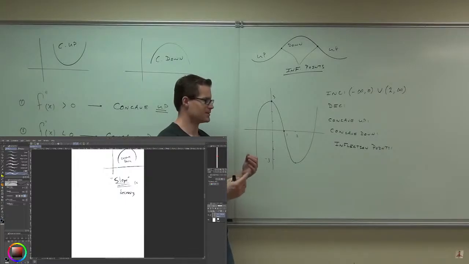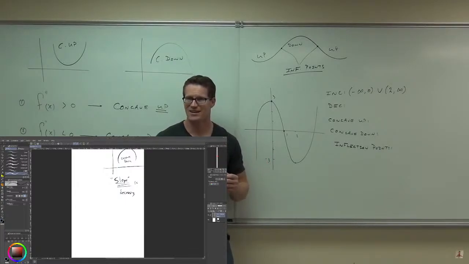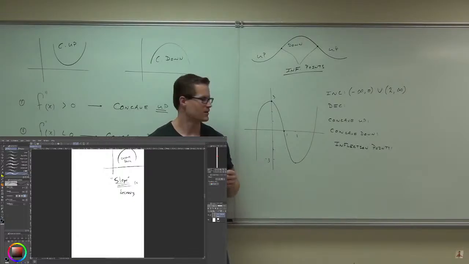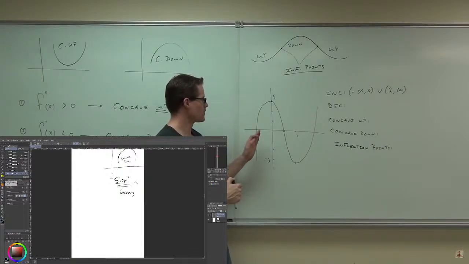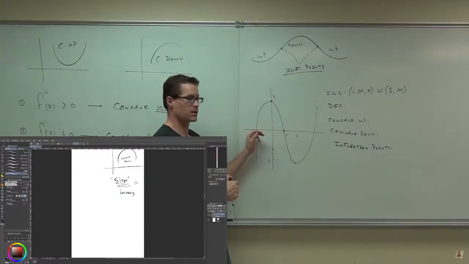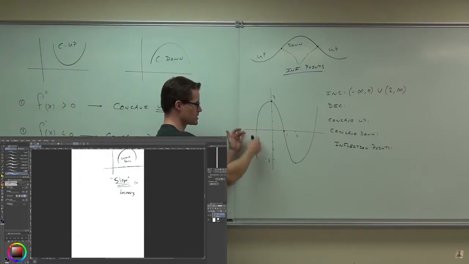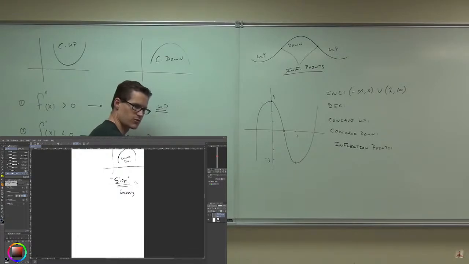It seems counterintuitive not to say negative 1 to 0, at that point where it crosses the x-axis the first time on the left. But we're still increasing from here as well. We always read from left to right.